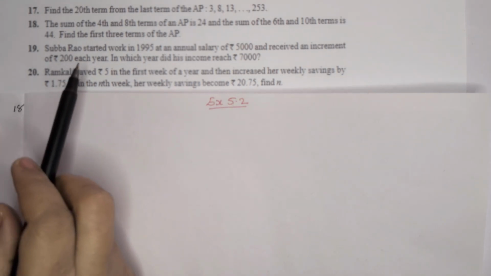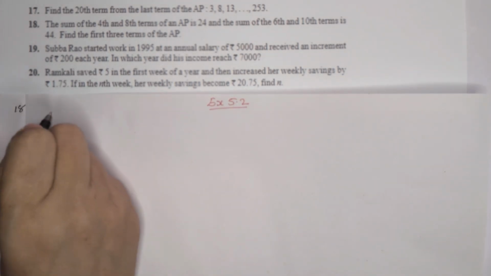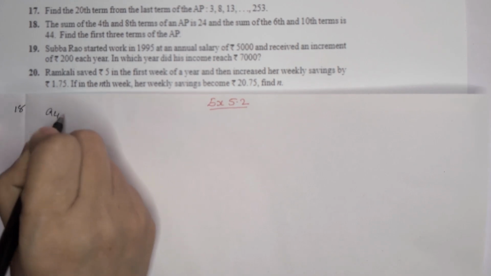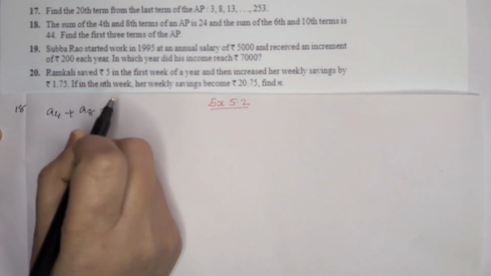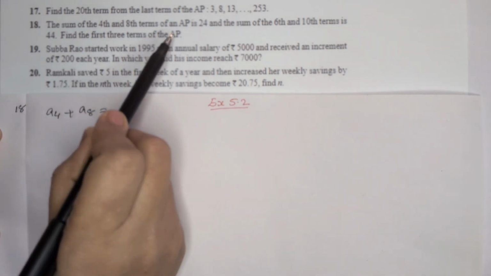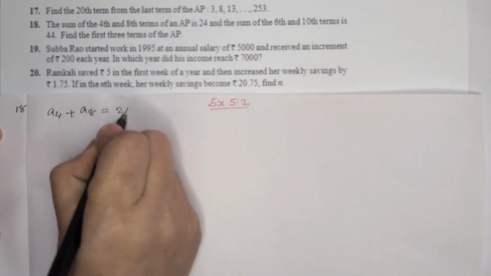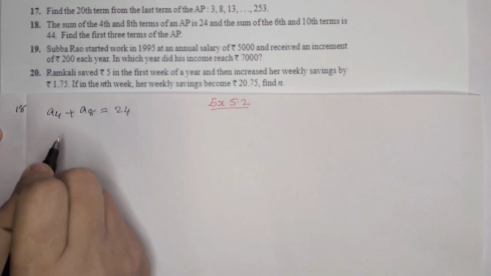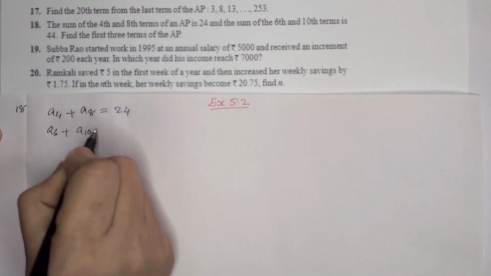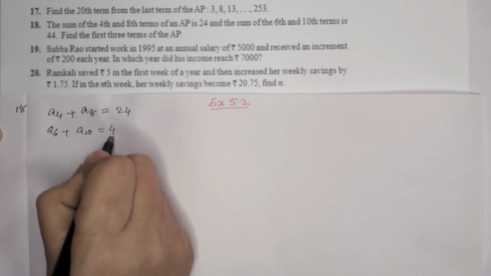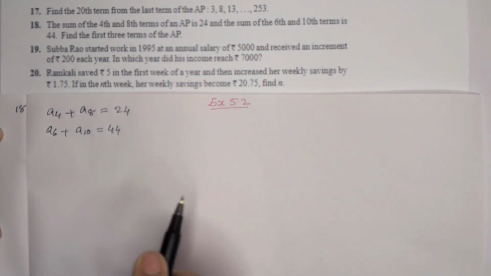Question number 18. The sum of the 4th and 8th term, so a4 plus a8, of an AP is 24. And the sum of the 6th and 10th term, so a6 plus a10, is equal to 44. We have to find the first 3 terms of the given AP.